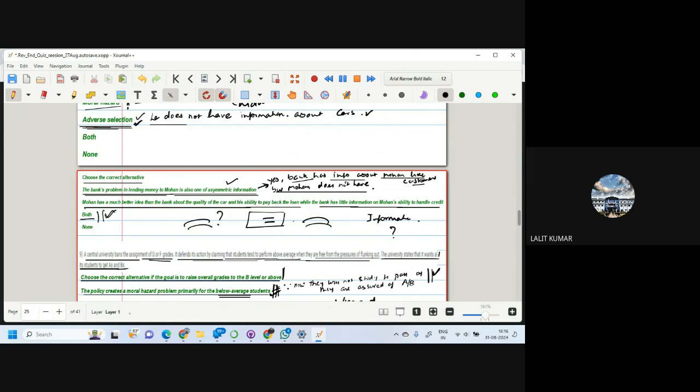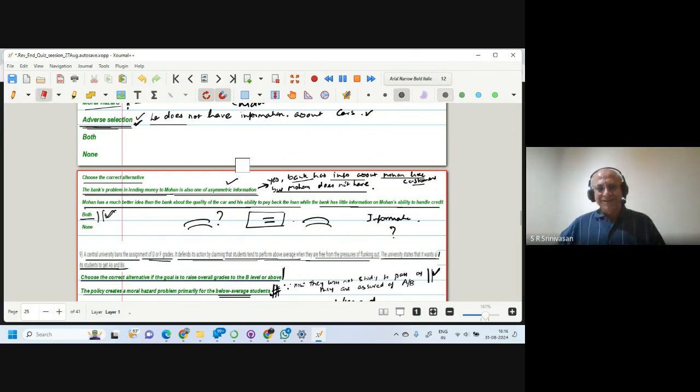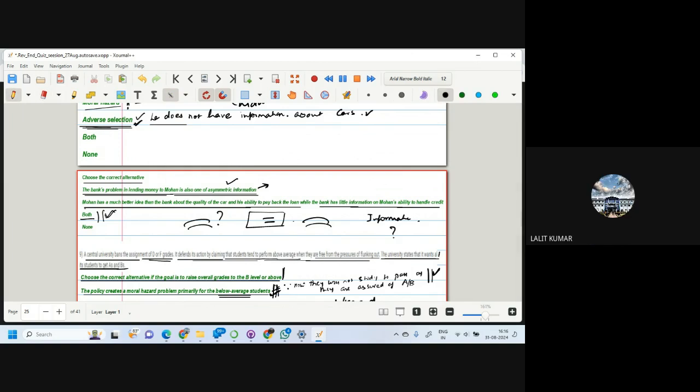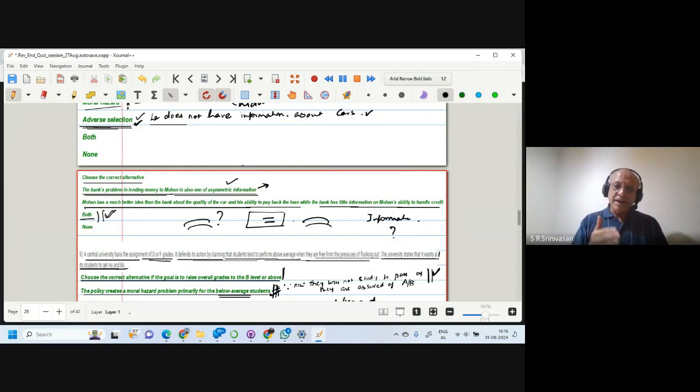So is that true, sir? It's a bit confusing. I saw the discussion on Tuesday also. The thing is, the bank has the repayment history of all the recent graduates.